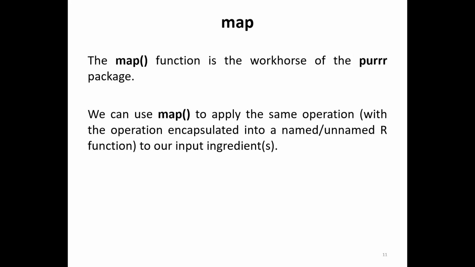So map is the connection between your eggs and the omelet, or the eggs and cheese and the omelet. It helps you make that jump between what you put into your code and what comes out of your code at the end of the day.